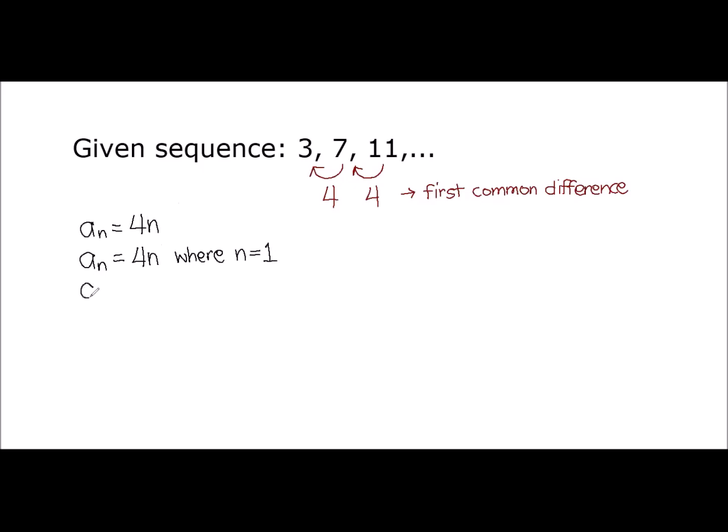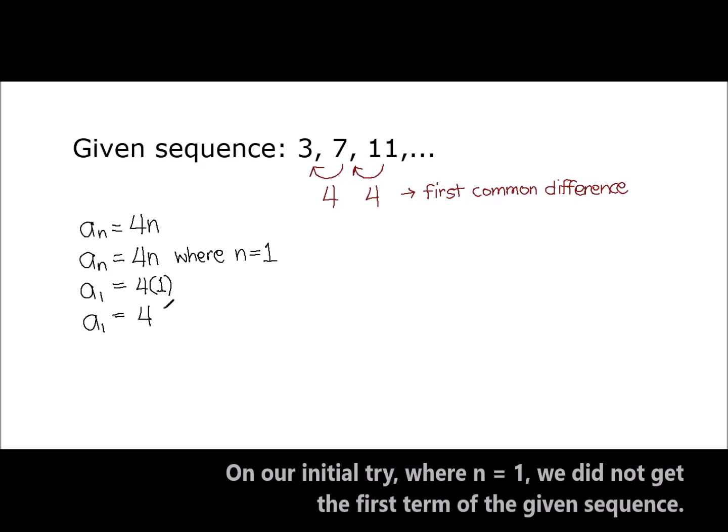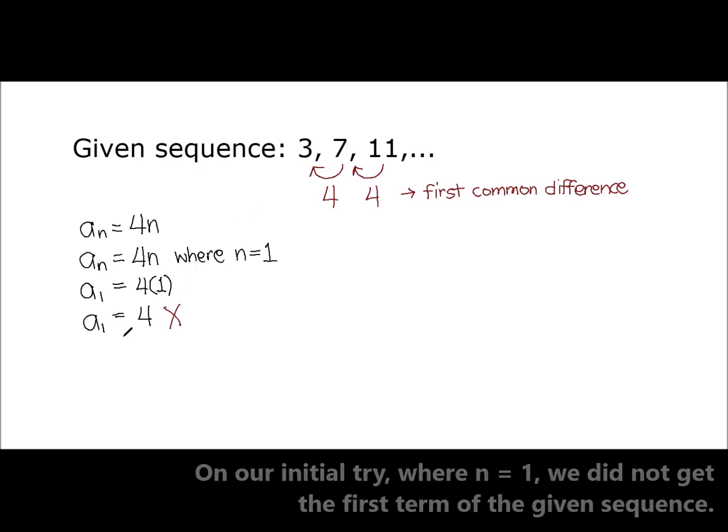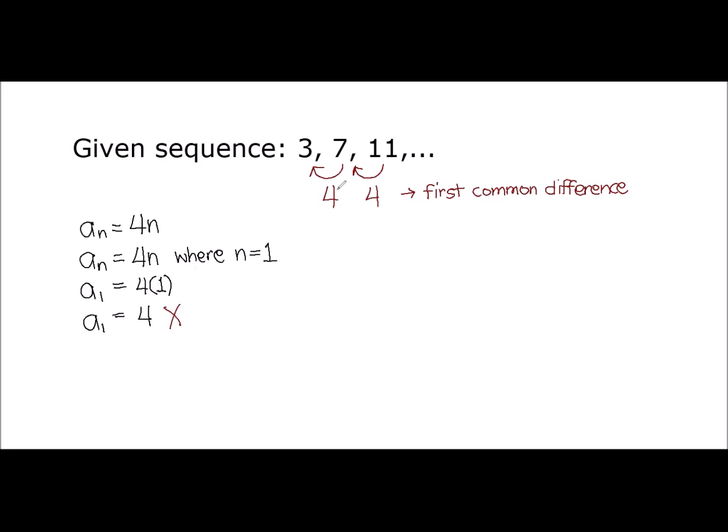So we need to substitute. So a sub n will become a sub 1, then 4n will become 4 times 1. So simplifying it, our first term that we get on our initial guess of a pattern, we will have only 4. But the first term is 3. So we are getting an incorrect answer or an incorrect pattern.